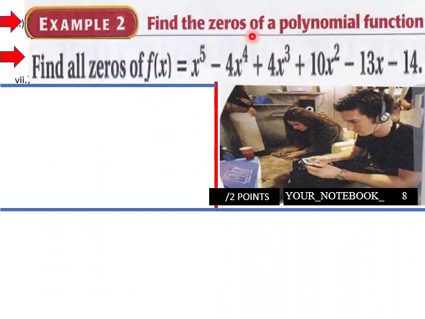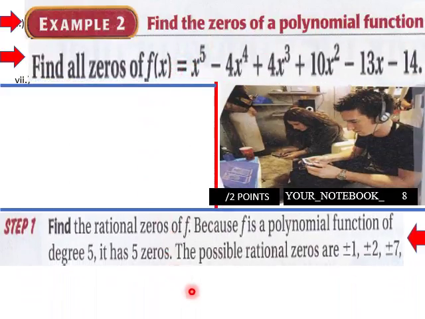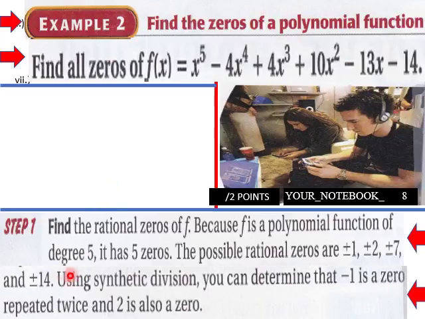Example 2, find the zeros of this polynomial. So it's a 5th degree polynomial. It has 5 zeros, and then we use the rational zero theorem to come up with these solutions by testing them using synthetic division, or graphing would be another way to test it.